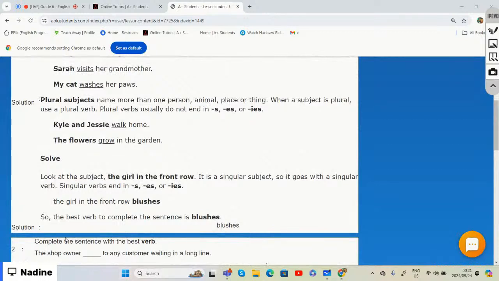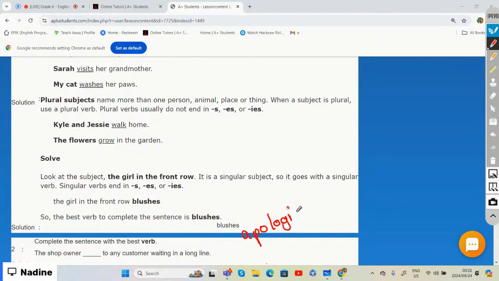It says the shop owner, one shop owner. So do we say the shop owner apologizes, or do we say the shop owner apologize to any customer waiting in a long queue? So apologizes or just apologize to any customer waiting in the long queue. Which one is correct? The shop owner apologize or apologizes?